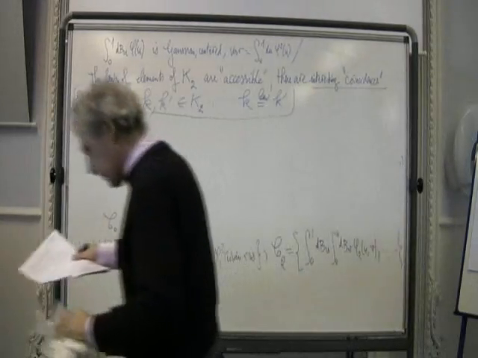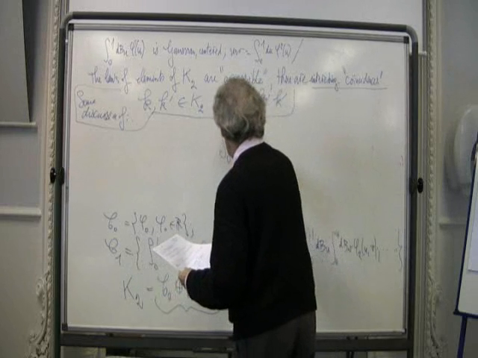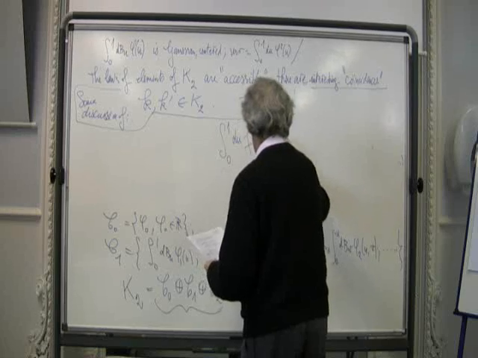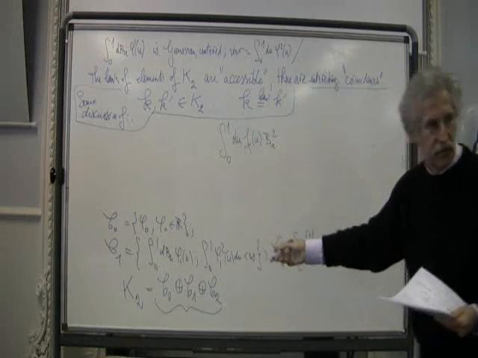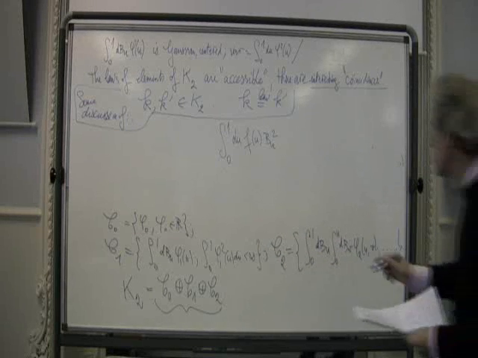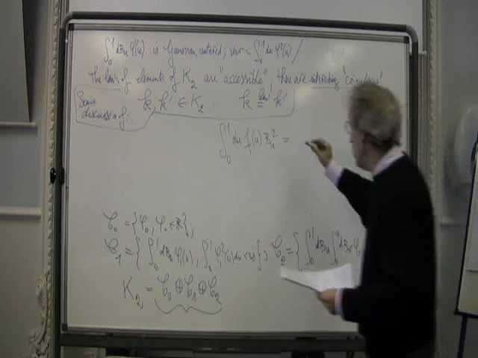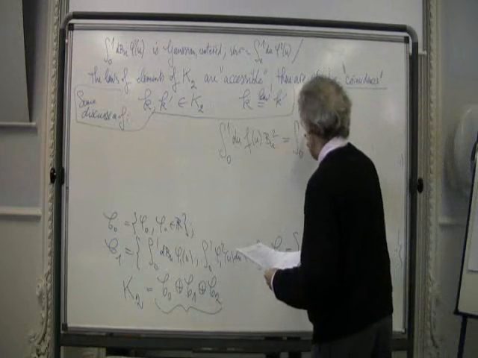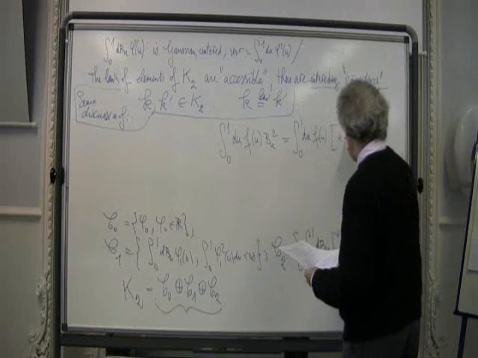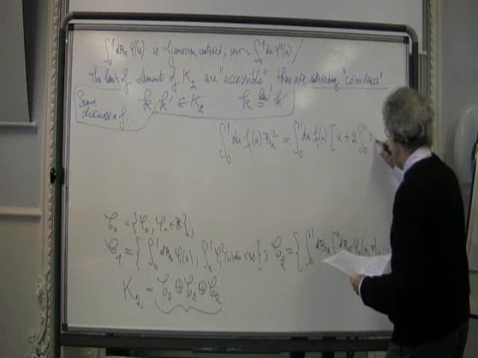So let us look, for instance, at integral 0 to 1 du f(u) B_u squared, and I would like to convince you that we are really in K2. So you develop B_u squared with Ito's formula, and so you get integral 0 to 1 du f(u), and now you get u plus twice integral 0 to u B_s dB_s.